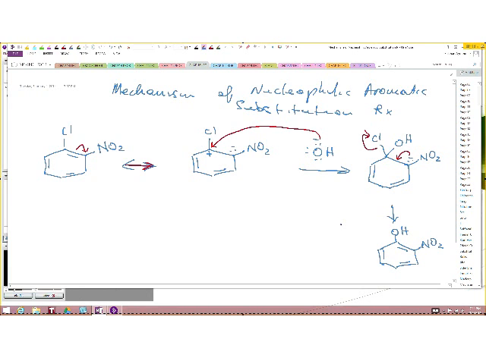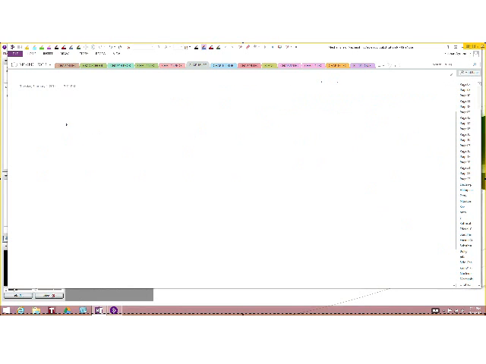Now the same thing will happen if the nitro group is in the para position. So the case in which it is in the para position. Again, draw your resonance. This here comes here, and this pi electron comes to this carbon.